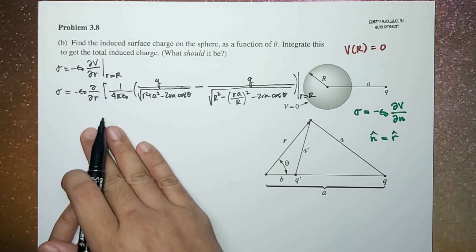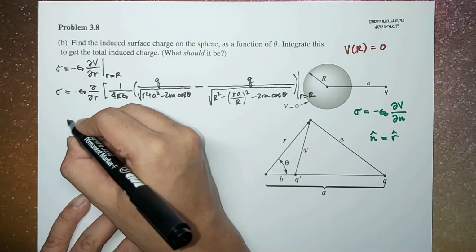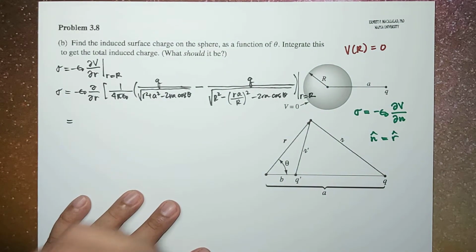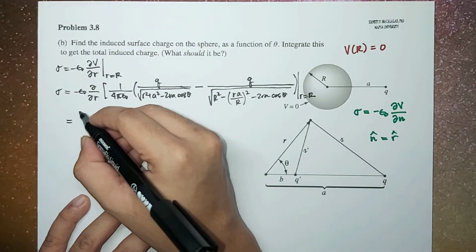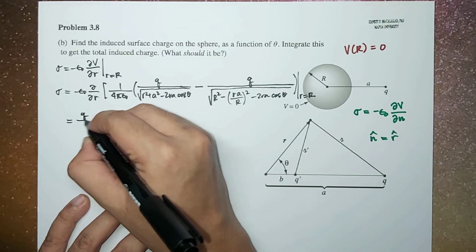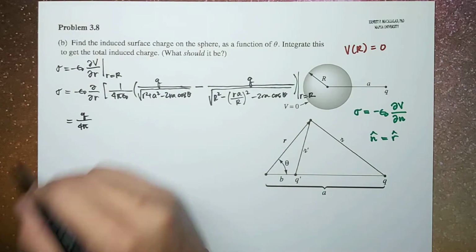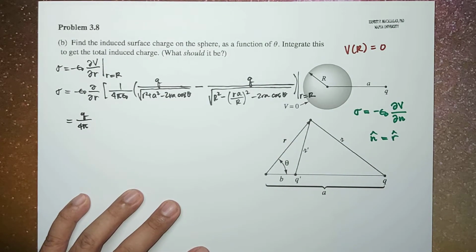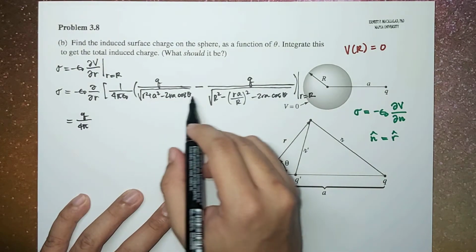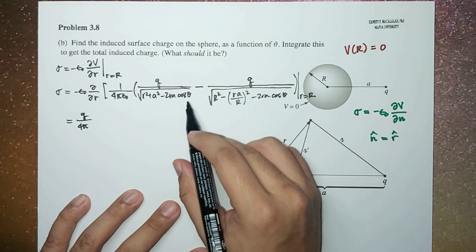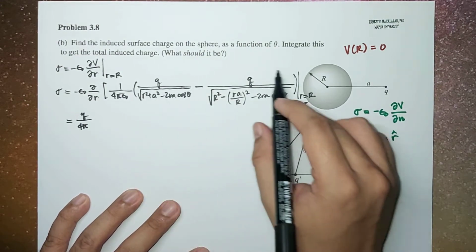Okay, so by doing that, I'm going to skip a step here, and then this will just be equal to q over 4 pi because epsilon here will cancel, and then negative signs that will be brought about by these two terms.